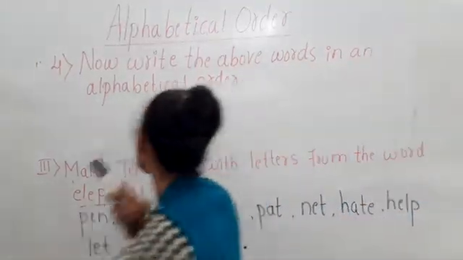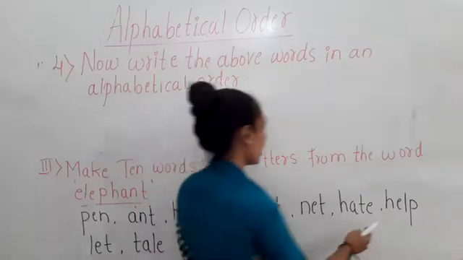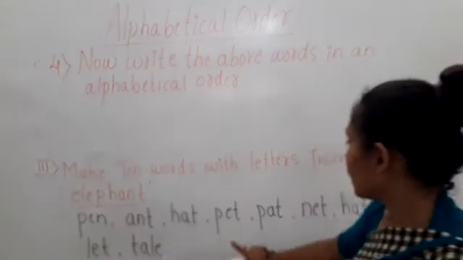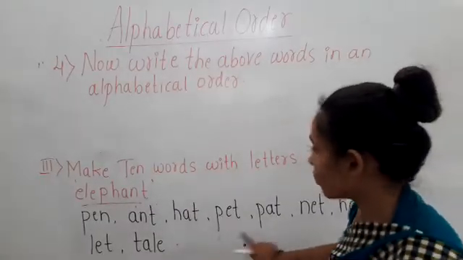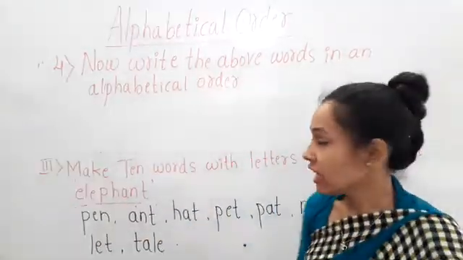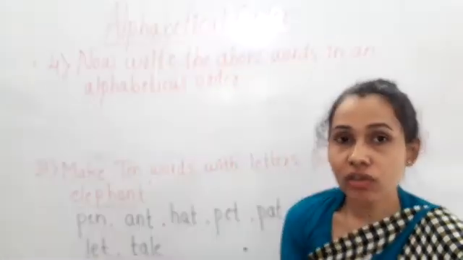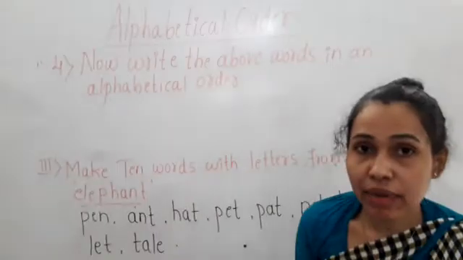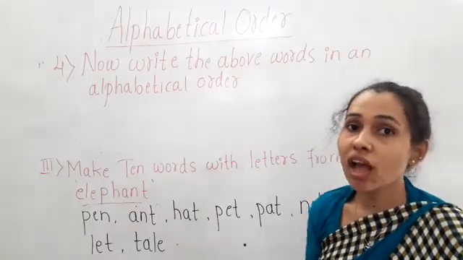So here, look at the first letter of these words, children. Here PAT, pat, and PEN, pen, PET, pet are starting with the same letter P. In such cases we have to move on to the second letter. If the words are beginning with the same letter, then we have to move on to the second letter.